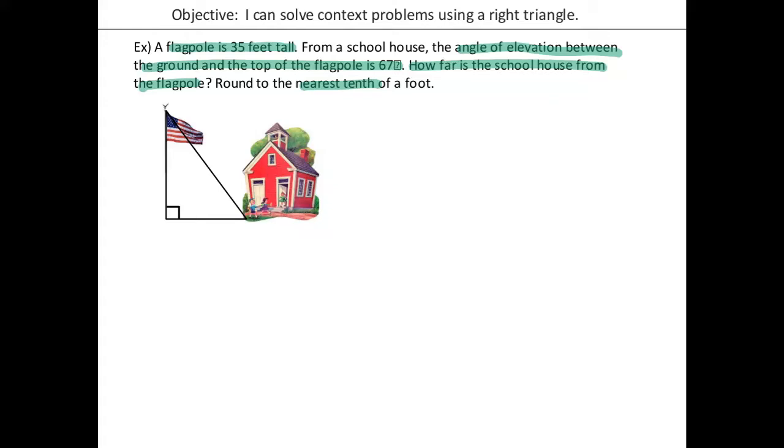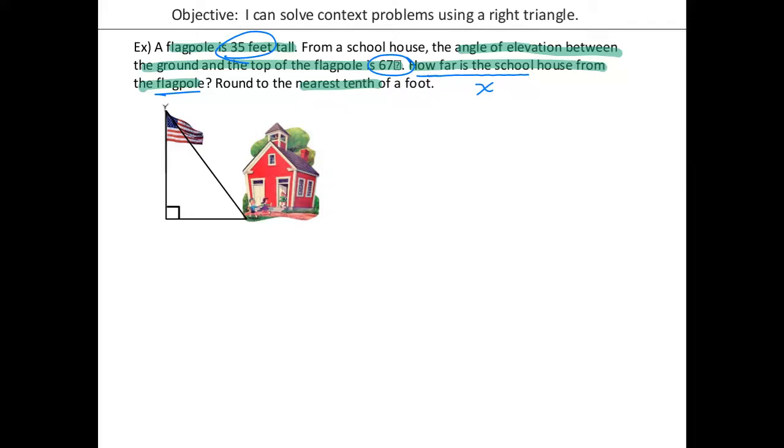I have to figure out where does the 35 go, where does the 67 go, and then where do I put my variable. My variable is how far is the school from the flagpole. So I have to figure out where do I put the 35, where do I put the 67, and where do I put my x.